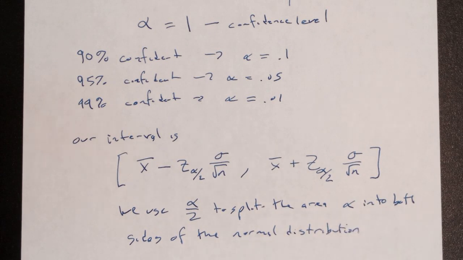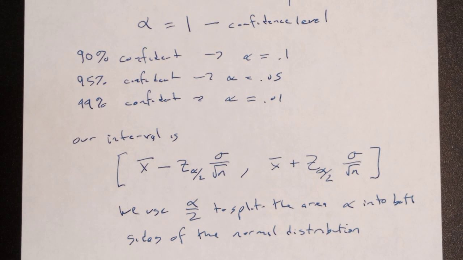Now, the best part is that means we already know the three most commonly used numbers for Z that we're going to use. The ones that go with these three confidence levels. That confidence level of 90% means that there's 10% of the area out in the tails, means 5% down to the bottom and 5% up the top.